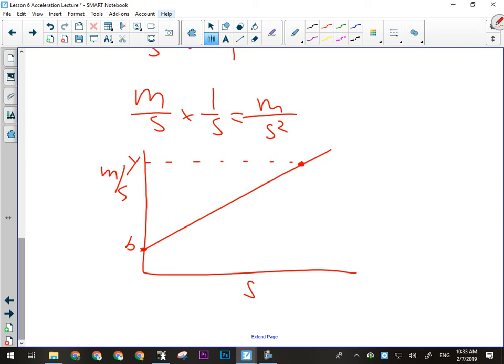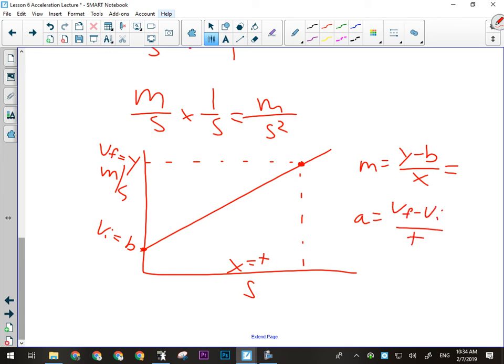This will be Y. This will be X. If I solve for the slope of this line, effectively what I have is VF minus VI over time. Remember that formula is derived as the slope formula from a velocity versus time graph. So when this is translated out, it is actually this formula on that graph.